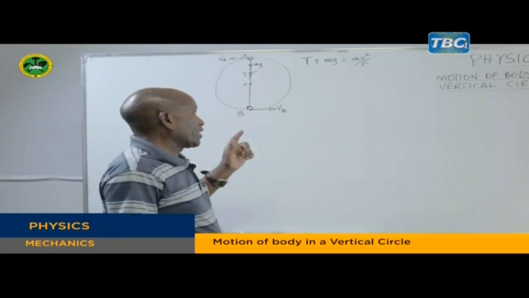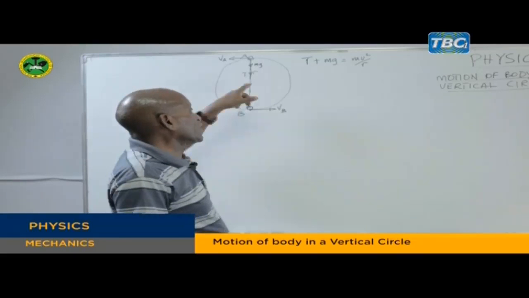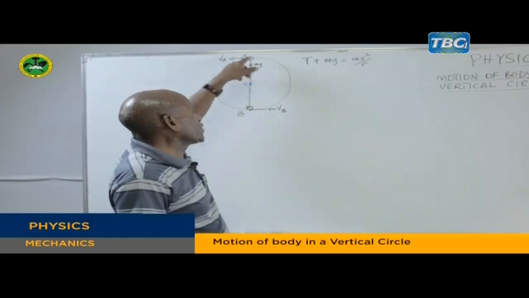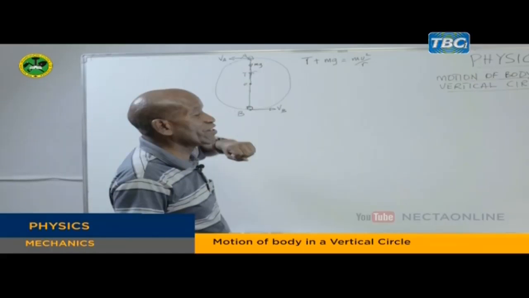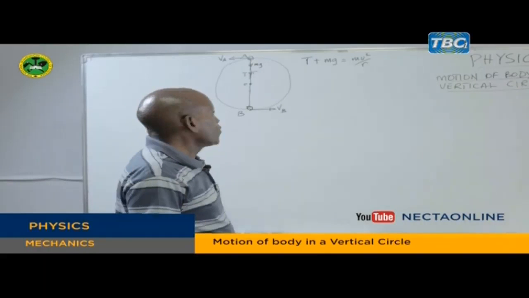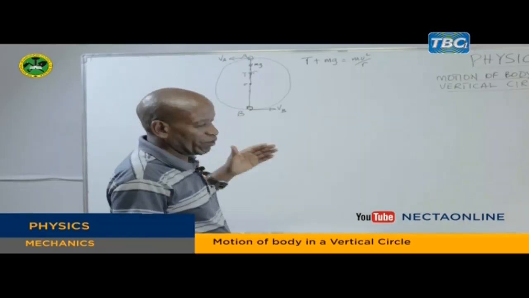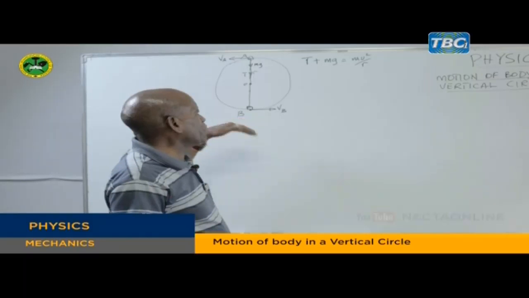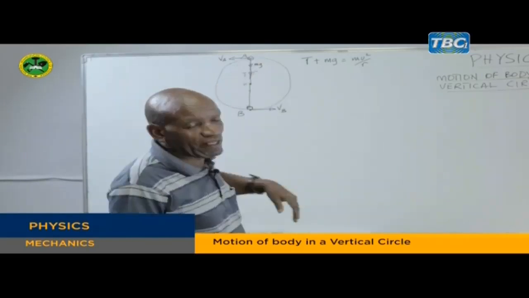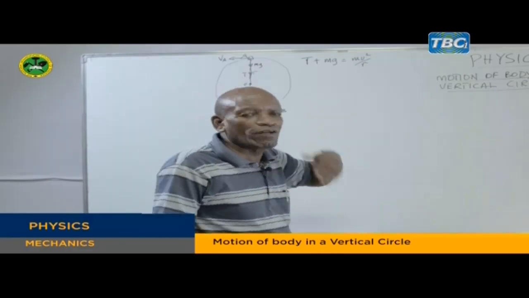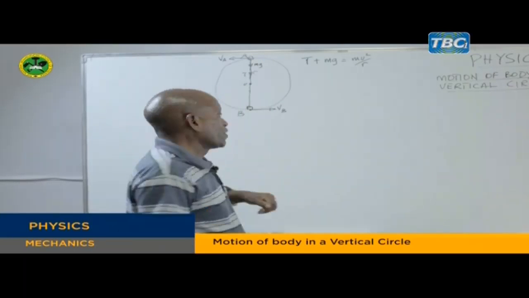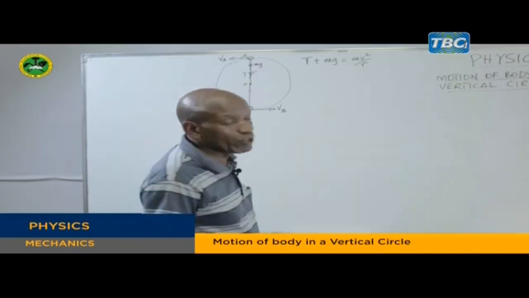But remember that if we are taking T to be the tension in the string at the top, for the minimum velocity, which will just make the whole exercise of moving around the circle successful, the minimum tension T should be equal to 0.